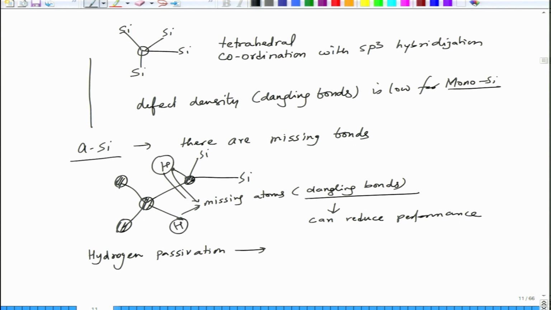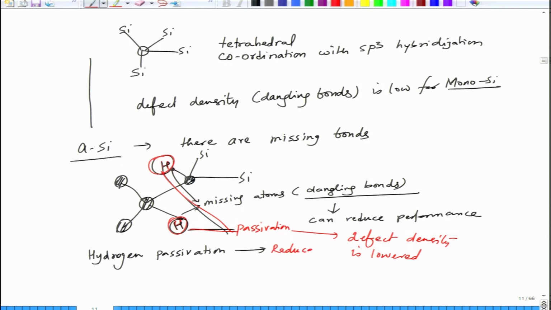So, these hydrogen atoms at these places lead to passivation, and as a result they reduce the defect density. So, hydrogen passivation basically reduces defect density, and this improves the performance.